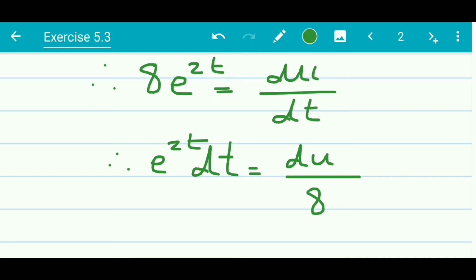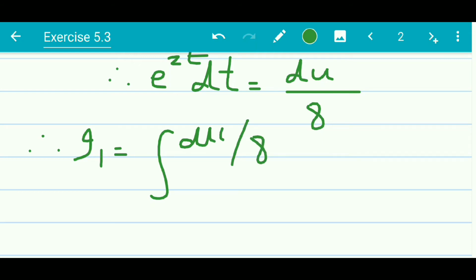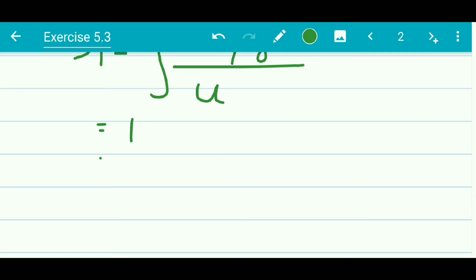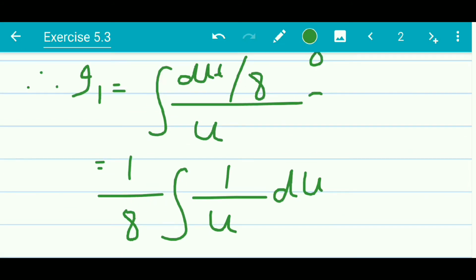And therefore, the integral I1 becomes, with the substitution, du upon 8 the whole upon u, because we have taken the denominator as u. Taking 1 upon 8 outside the integral, we get 1 upon 8 integral of 1 upon u du. Du is already written there anyway.